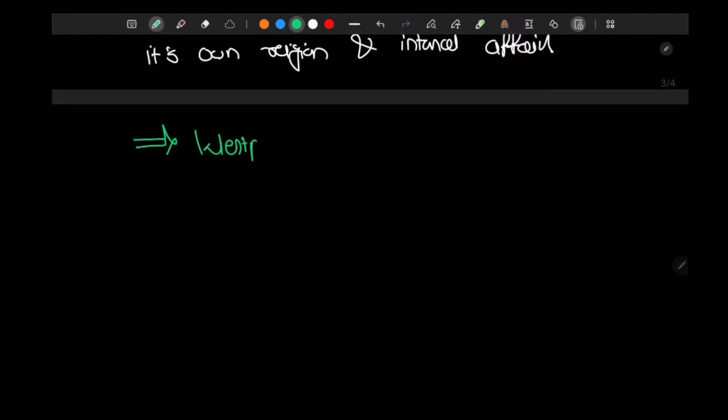And I'll start with the Westphalian world order. What does Westphalian mean?